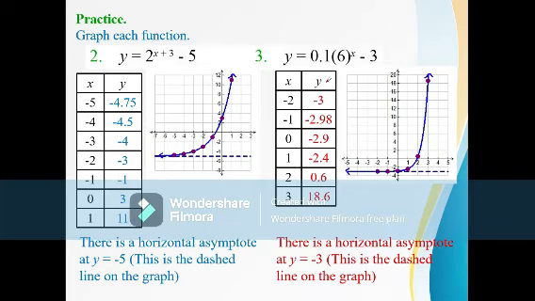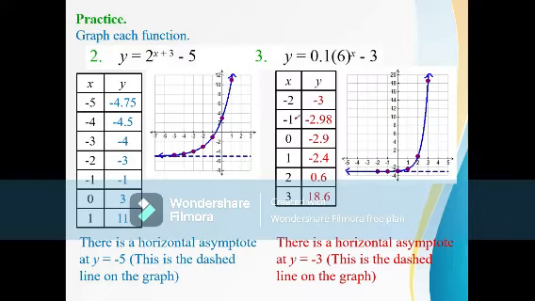We are going to solve the same way as the previous examples. So, substitute the value of our x here. If x is negative 2, y is equal to 0.1 times 6 to the power of negative 2, then minus 3. The resulting value is negative 3.